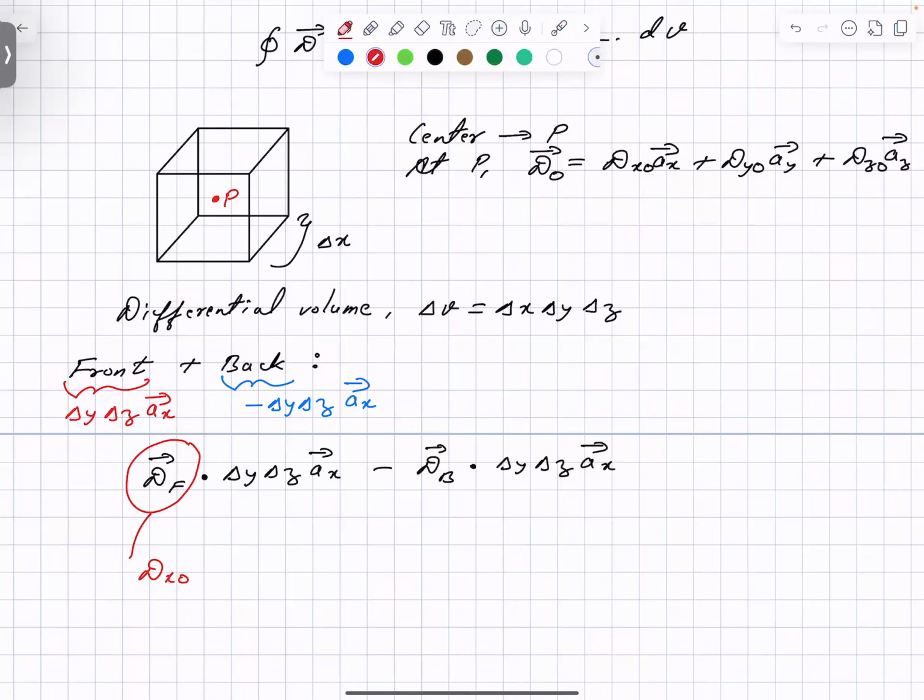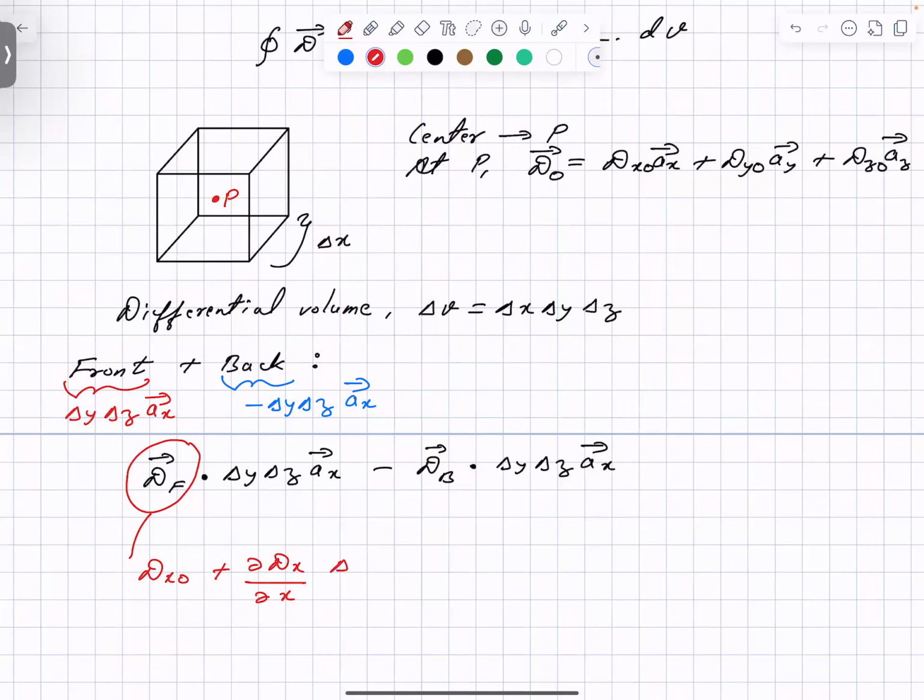We can start with the expression at P. For P, it is Dxo, but then we are moving forward in the ax direction. So we can approximate the value for this component on the front surface. We start with Dxo, and then consider the rate of change of Dx, that means the derivative in the x direction, times the step size that we're taking to get to the front surface.